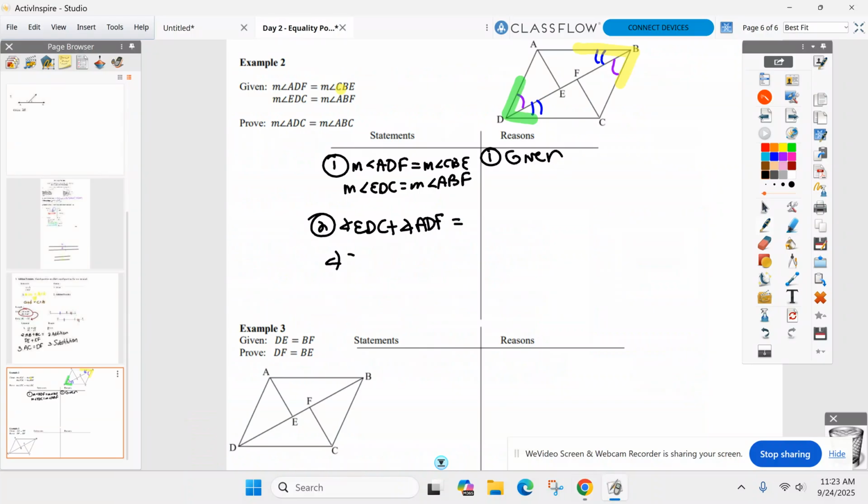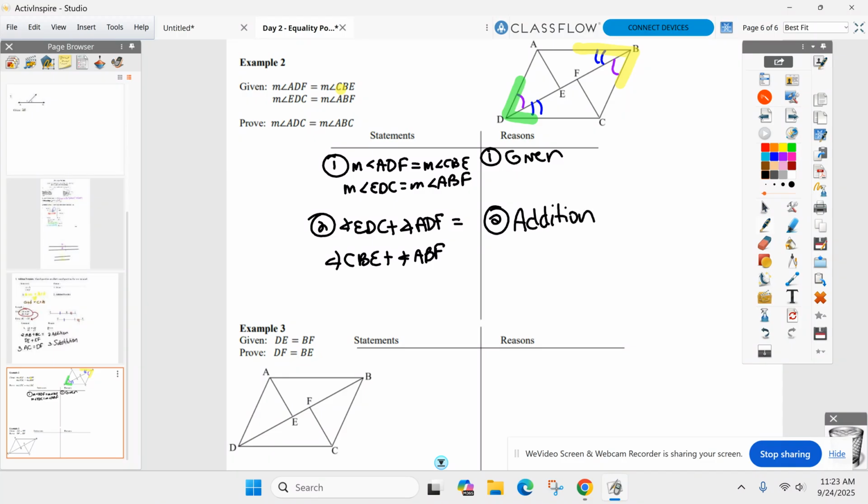CBE plus angle ABF. Good job. It works for segments and it works for angles. What's the reason why when I add two pairs of equal quantities, they're all equal? Addition.